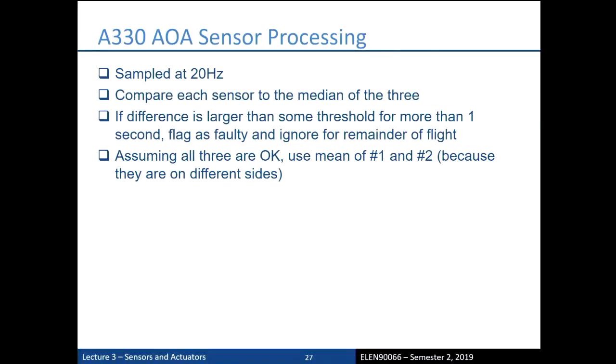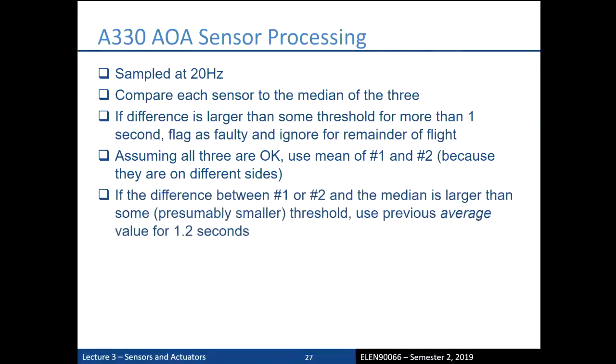Then if the difference between numbers 1 and 2 and the median is larger than some smaller threshold, you use the previous average value for 1.2 seconds. This is all built into the A330's processing of the sensor data.